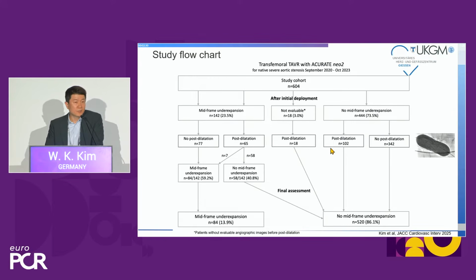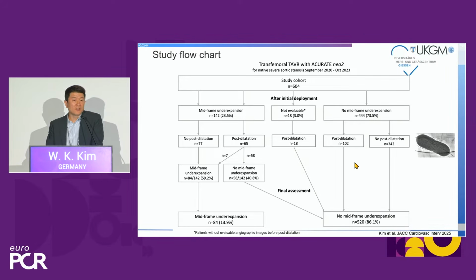Of course, we did post-dilatation in a number of patients, in both groups, those that had no mid-frame underexpansion and also the group of patients that had mid-frame underexpansion. We should keep in mind that at that time, we were not aware of what underexpansion looks like and its clinical implications. This is what we also learned due to the IDE trial.